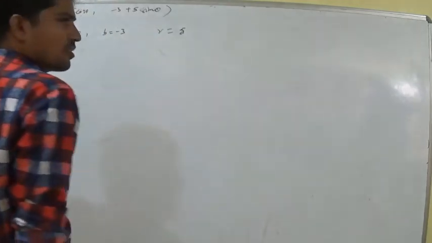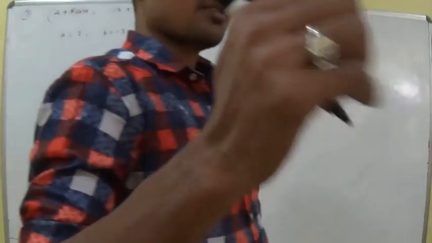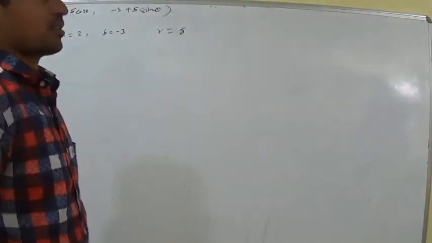Then the equation of a circle is x minus a whole square plus y minus b whole square is equal to r square.